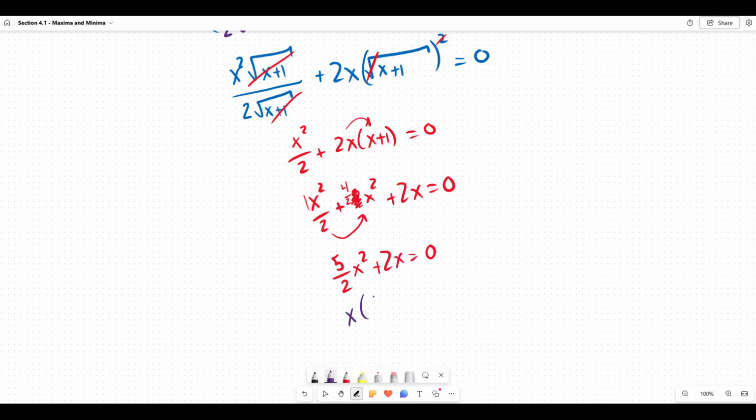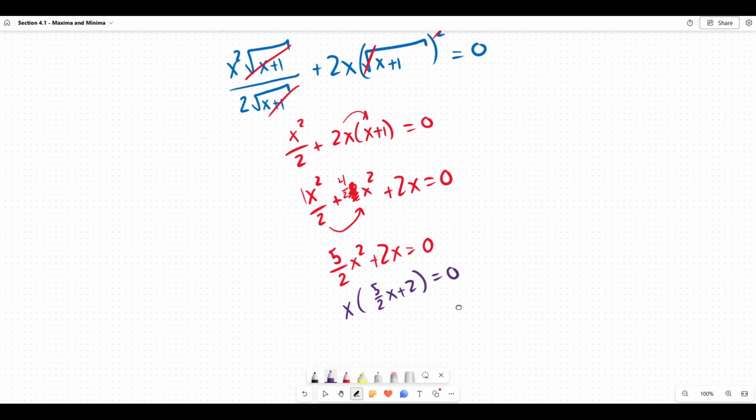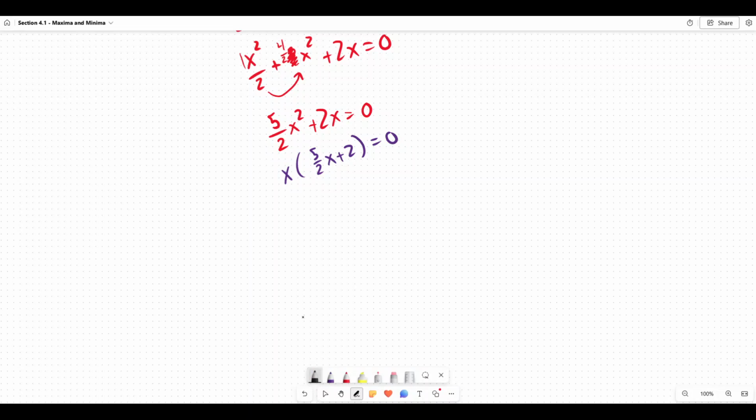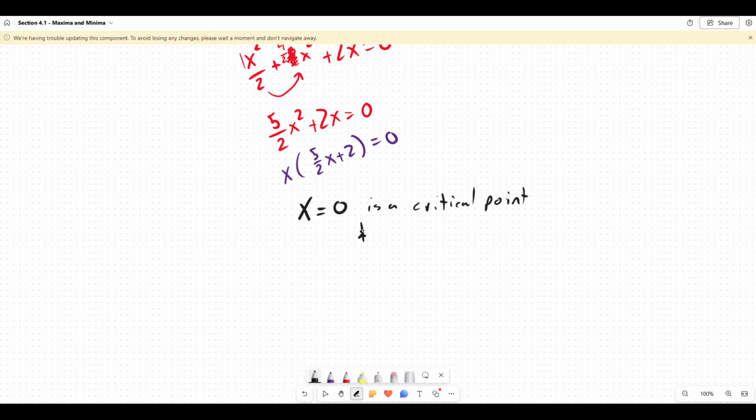Factoring out an x, I think we can agree that there's going to be two choices. x equals 0 is a critical point, and 5/2 x plus 2 equals 0.